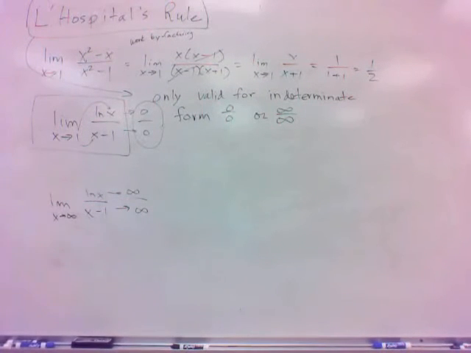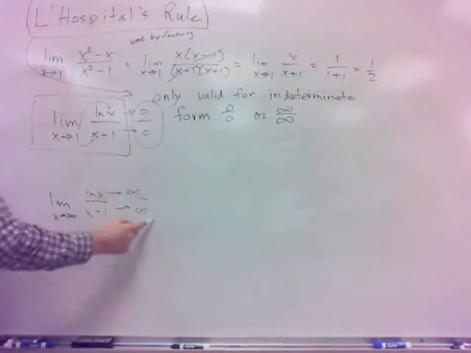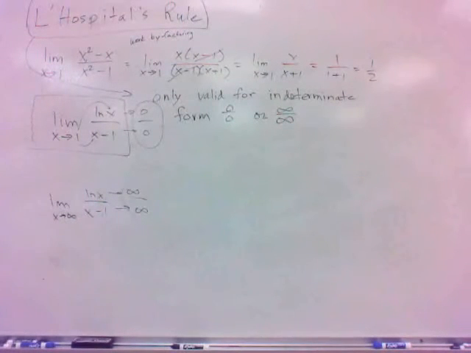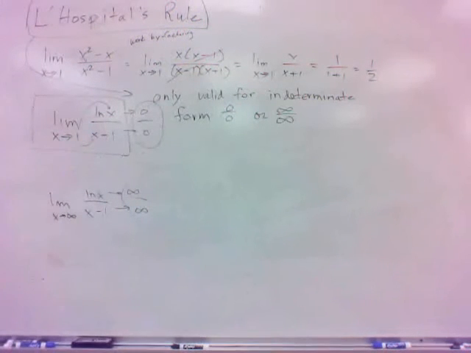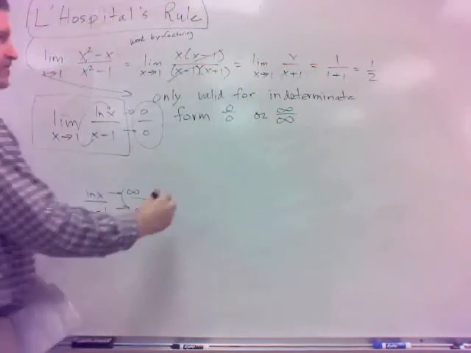So the top's going to infinity, the bottom's going to infinity. This is what is meant by 0 over 0, infinity over infinity. It's just what the numerator and denominator go to. Okay, so here is L'Hôpital's rule.